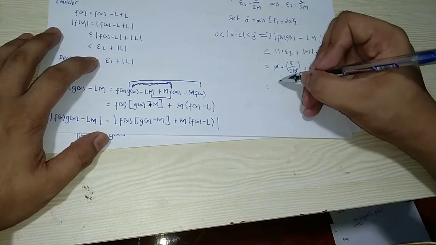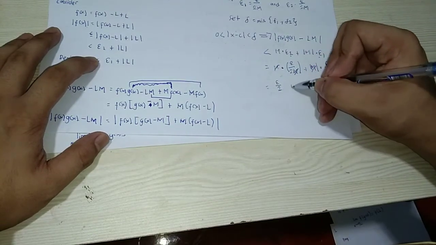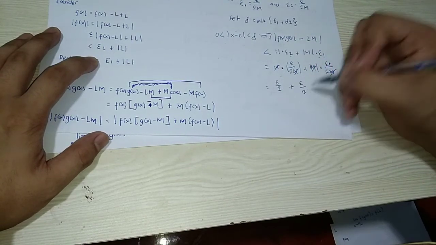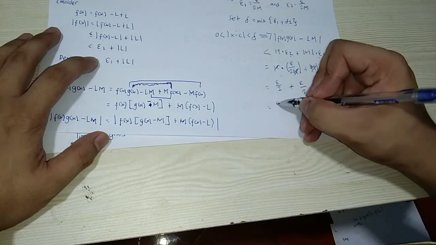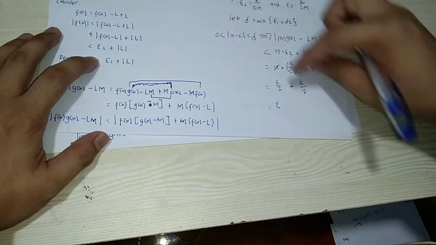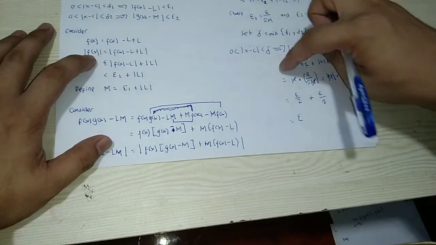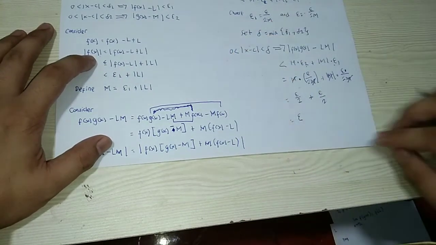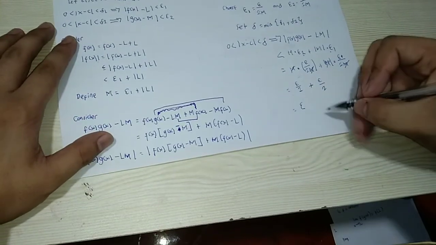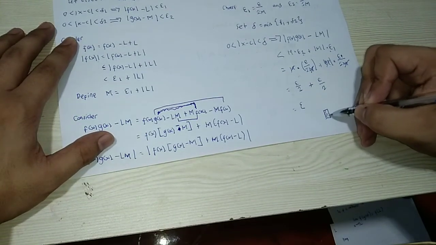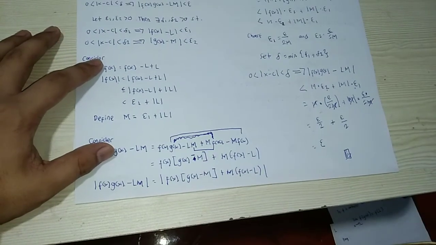And then, ang matitira, epsilon over 2 plus epsilon over 2. And that is epsilon. So, as you can see, napalabas natin na this is less than epsilon for this condition. Okay, so this is done for property number 5.